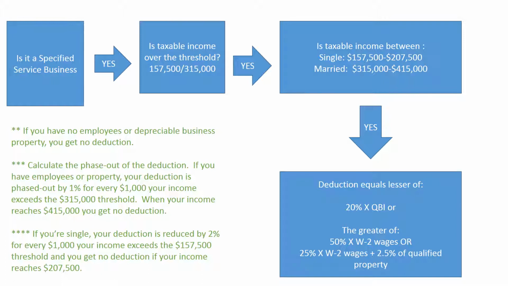And to calculate the phase out of the deduction, if you have employees or property, your deduction is phased out by 1% for every $1,000 your income exceeds the $315,000 threshold. And when your income reaches $415,000, you get no deduction. And if you're single, your deduction is reduced by 2% for every $1,000 your income exceeds the $157,500 threshold, and you get no deduction if your income reaches $207,500.